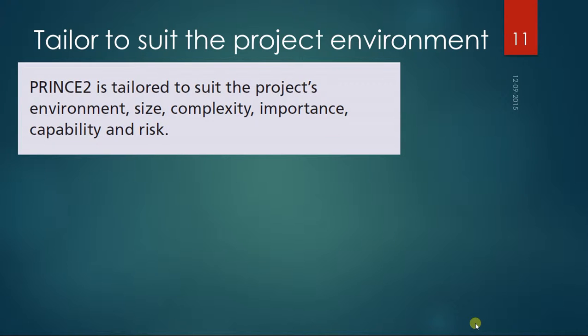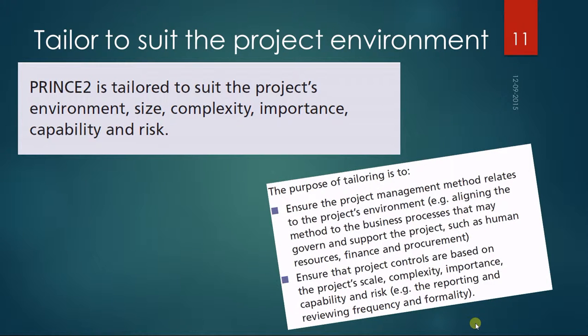It's actually what is written here: size, complexity and risk. Those are some of the things you consider when you decide what you want to use from Prince2. And I heard an example of another way of thinking about tailoring.